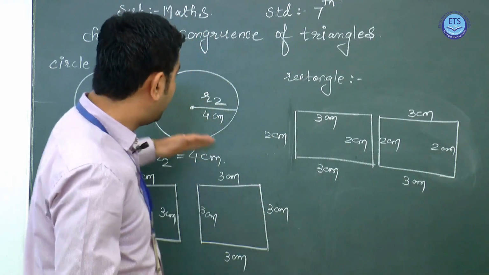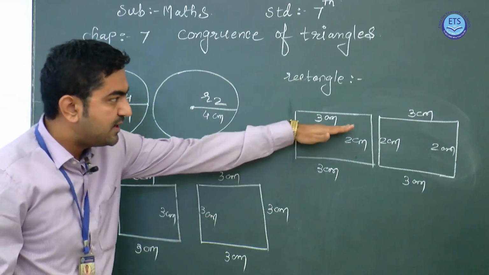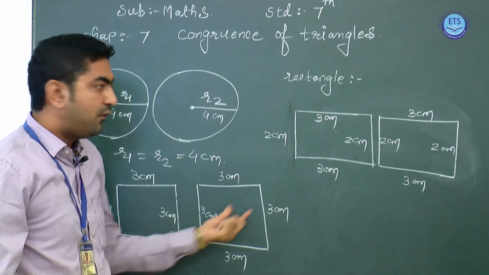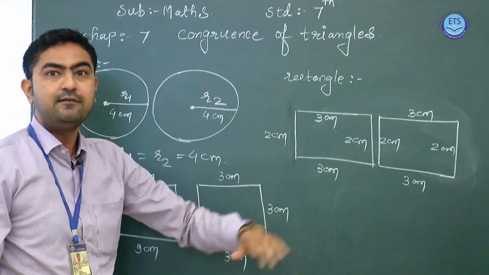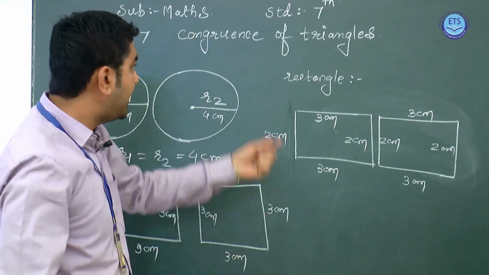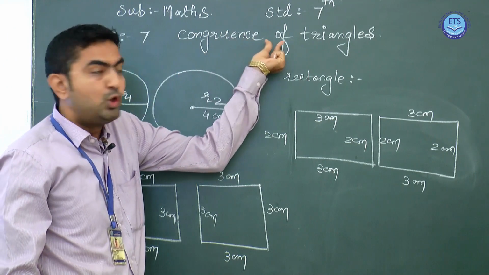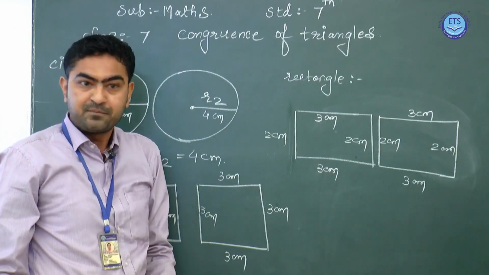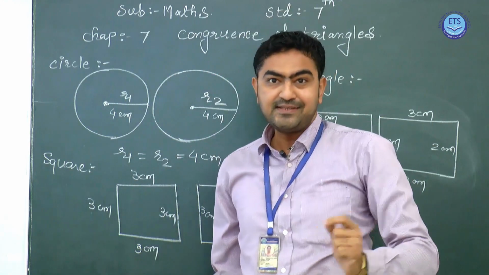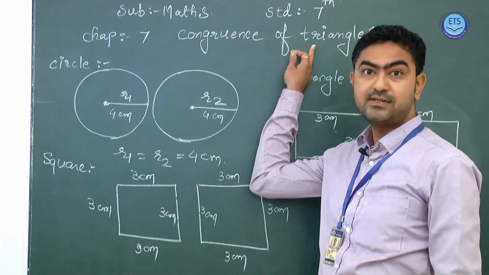These are the different elementary shapes in general mathematics, and this is the rule for congruence in different elementary shapes. Now the chapter heading given here is congruence of two triangles. So one of the elementary shapes that remains is the triangle.